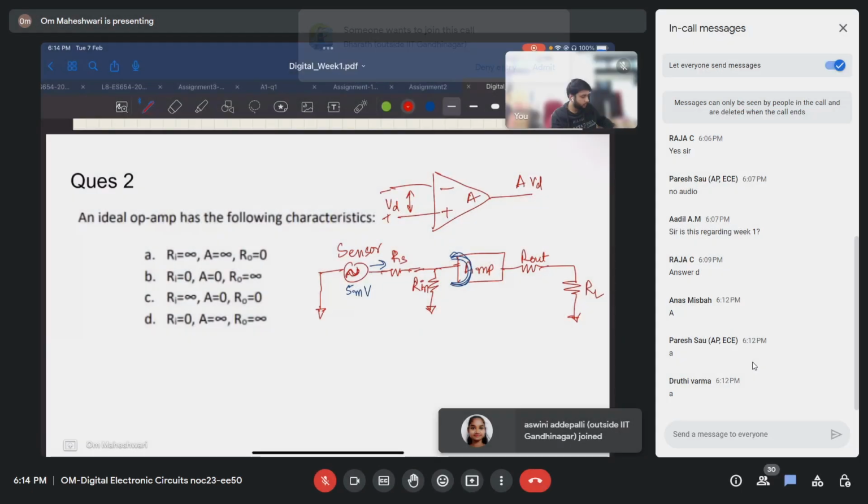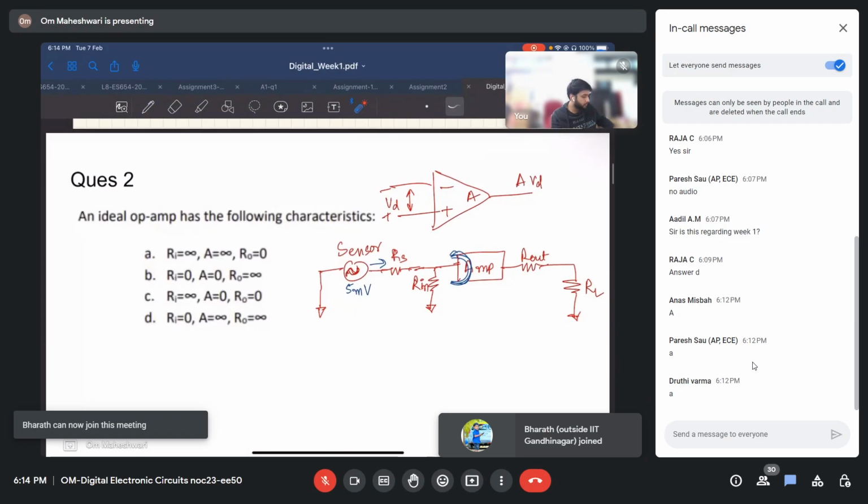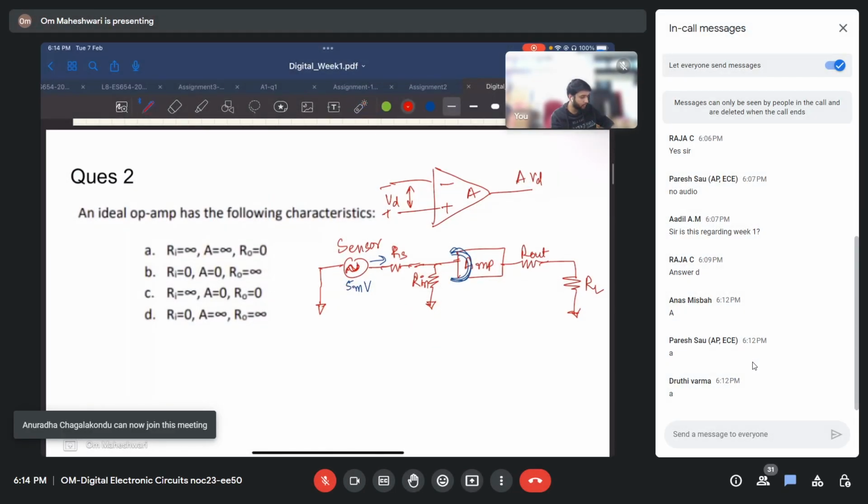If Rn is very low, very less voltage will drop here, and out of this 5 millivolt, let's suppose only 2 millivolt is dropped here. But we do not want that. So if Rn tends to infinity, all of this voltage will drop across this.